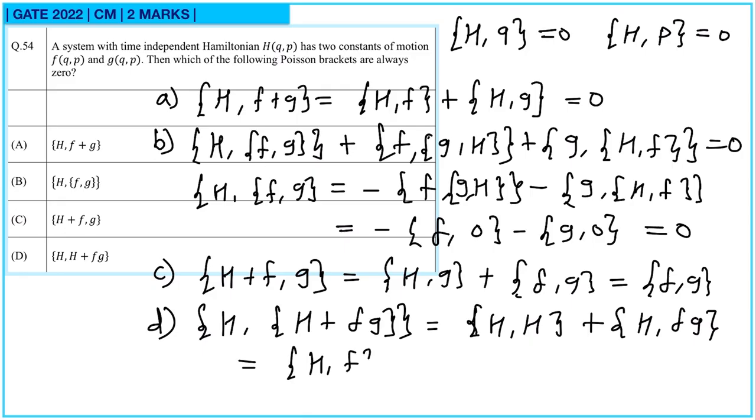So this is HF, then G plus F, and then HG. HF is 0, HG is 0, so this is equal to 0. So for option A it is 0, so for which it are always 0, so A, then we have B and D. So here option A, B and D are correct.